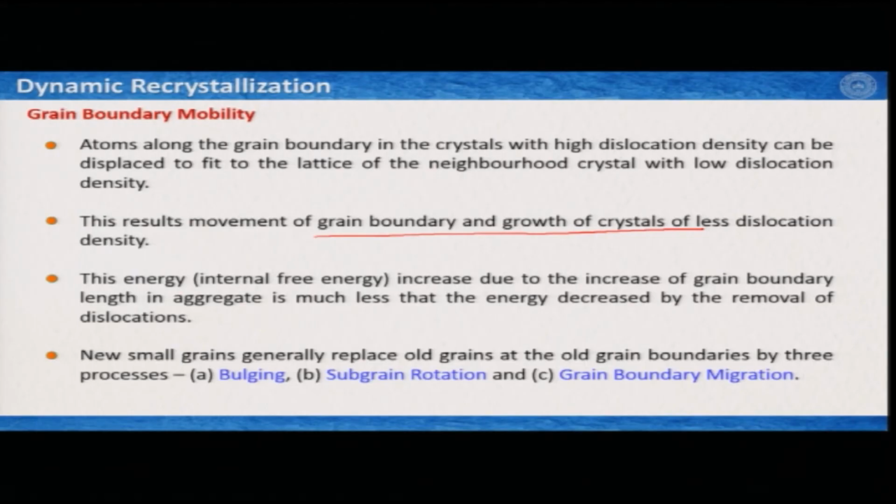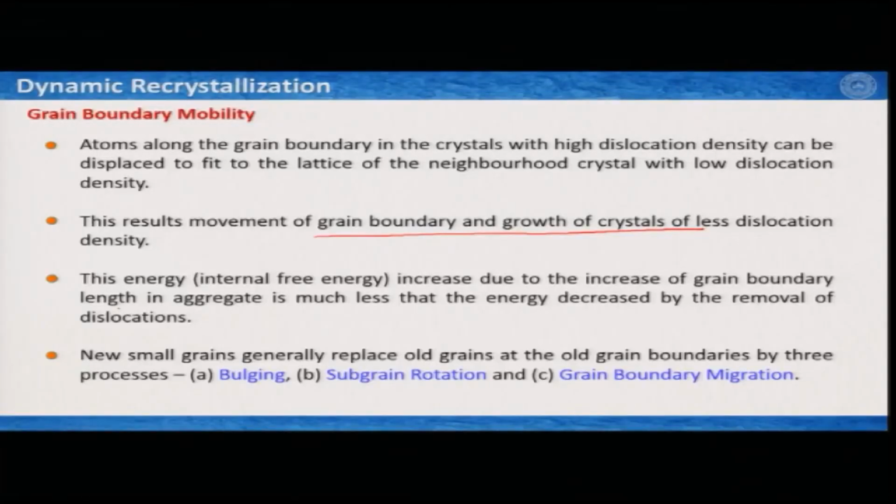So, you can ask the question, am I reducing the energy or am I increasing the energy? The point is that yes, it does increase, but this is much less than the energy decreased by the removal of the dislocations. So, essentially you bring your energy to a lower level.